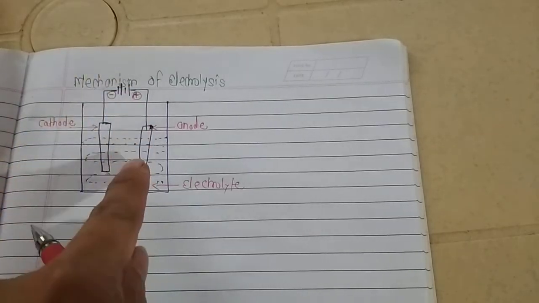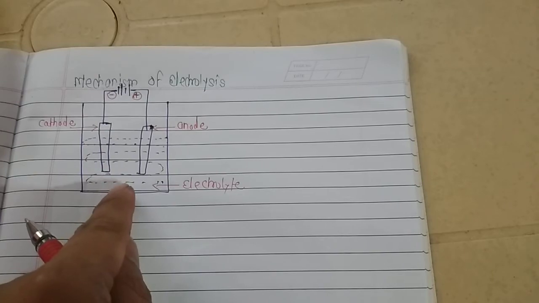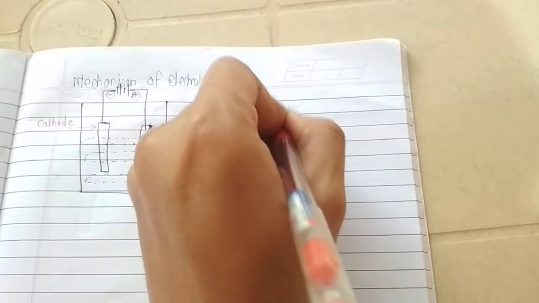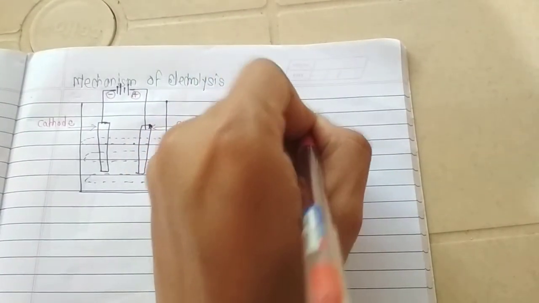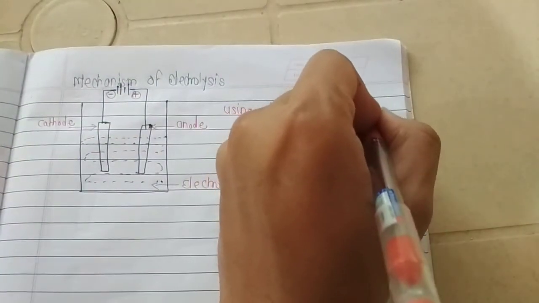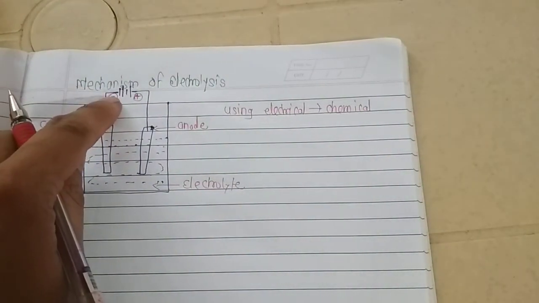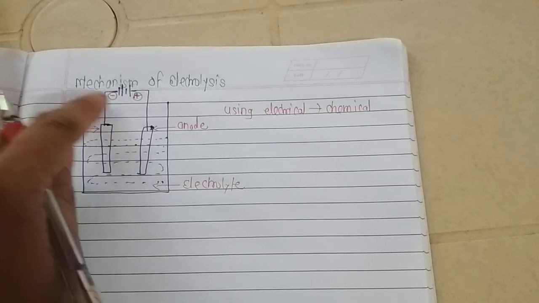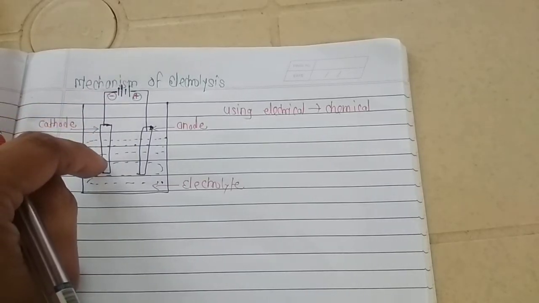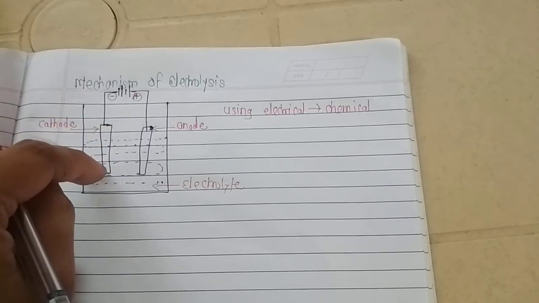When electric current passes through this electrolytic cell, using electrical energy, chemical decomposition takes place. If the key is closed, this is the negative terminal, and negative terminal means a higher density of electrons.